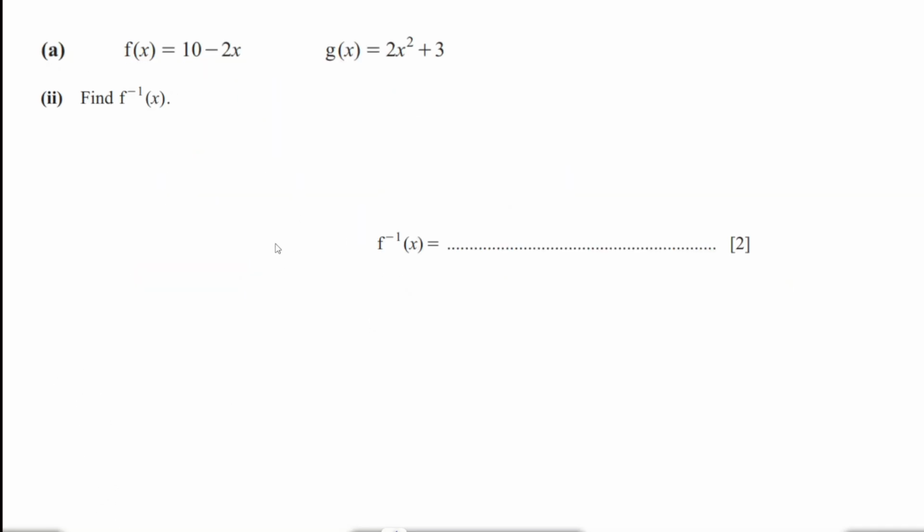Now we have to find the inverse of f. I had copied both the functions here. You need to see the variables carefully. The first step, when you are finding the inverse, is to write f of x as y. Second, interchange x and y.